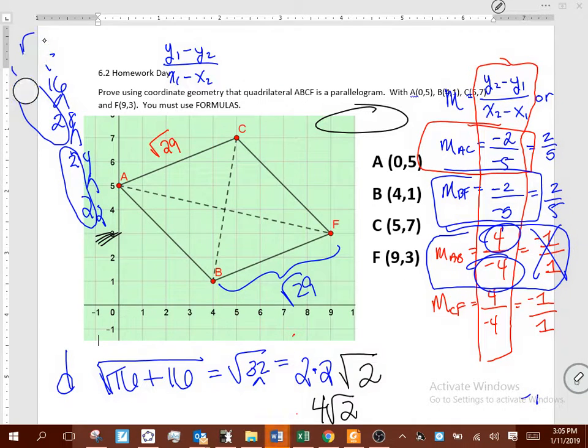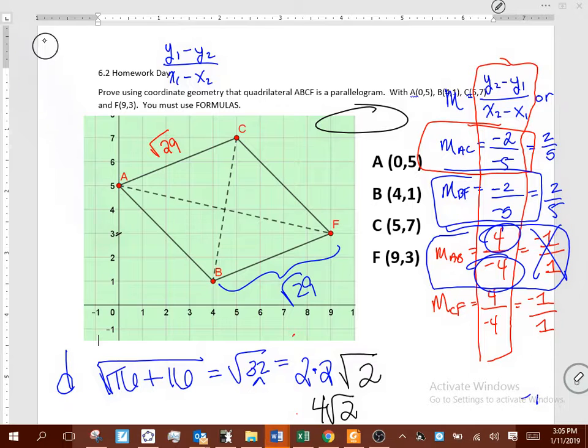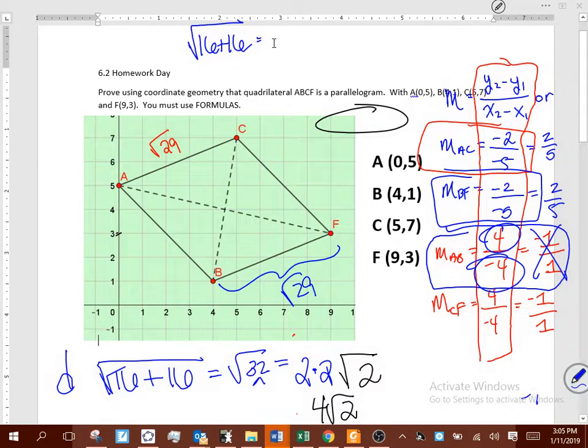Let me ask you this. Is there a quicker way? What's a quicker way? Okay, so this is repetitive. 16 plus 16, that's repetitive addition, right? What's another word for repetitive addition? Multiplication. Multiply by 2, right? So I get 16 times 2, correct?